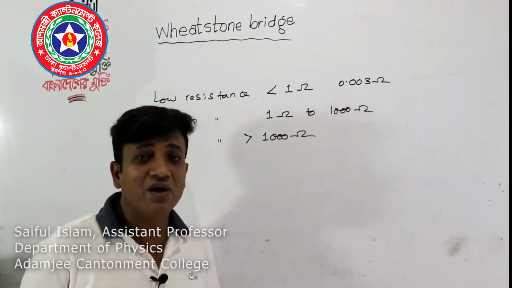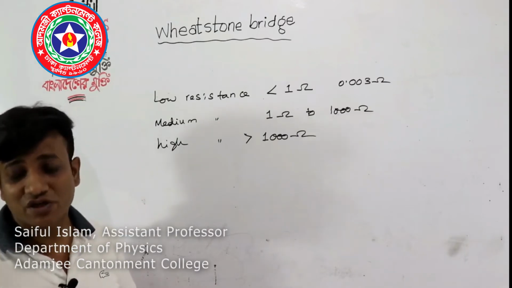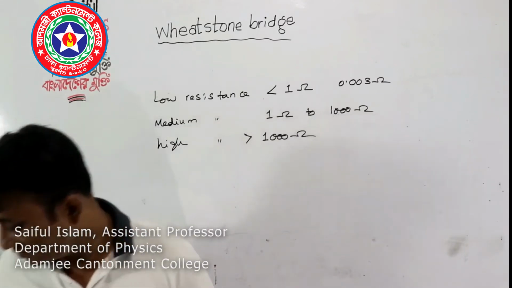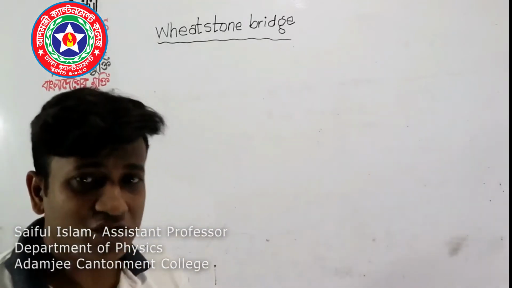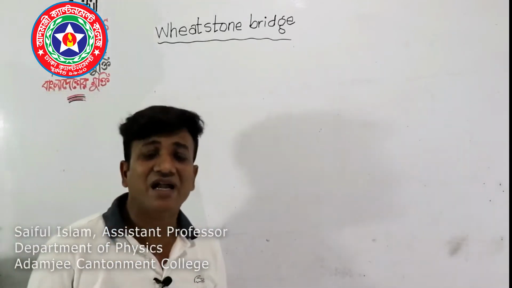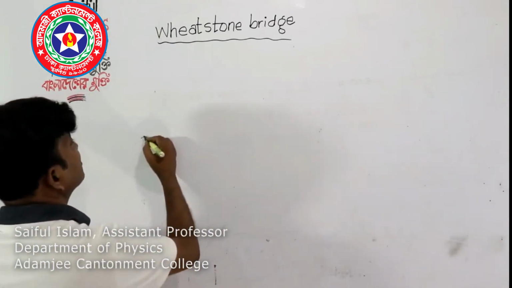Now I will show you the circuit diagram of the Wheatstone bridge. Stay with me. In the Wheatstone bridge, 4 resistors are connected in series.